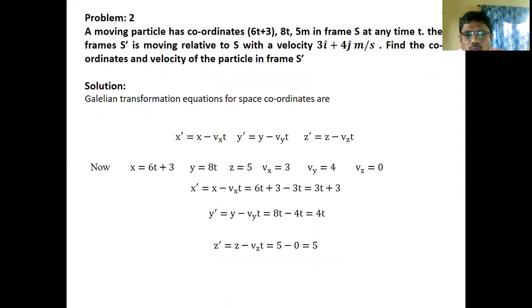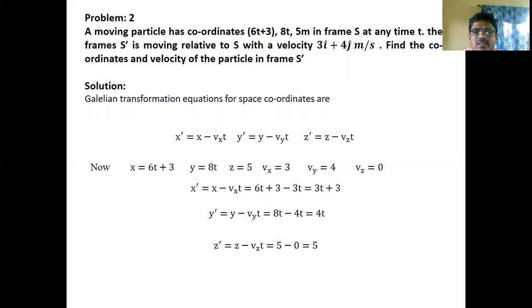Problem number 2. A moving particle has coordinates 6t plus 3, 8t and 5 m in frame S at any time t. The frame S dash is moving relative to S with velocity 3i plus 4j meters per second.